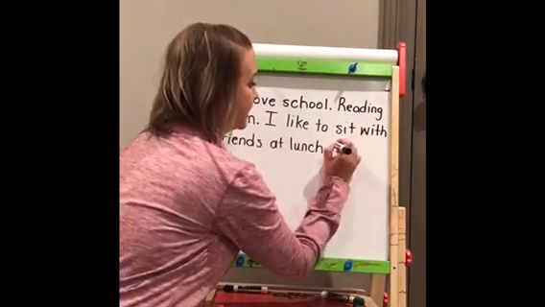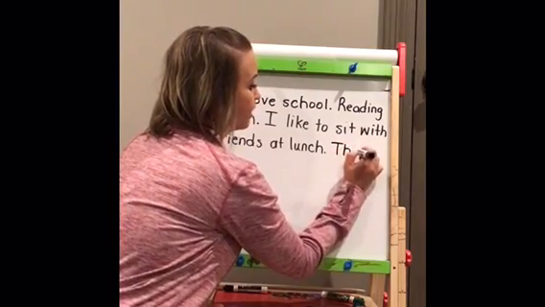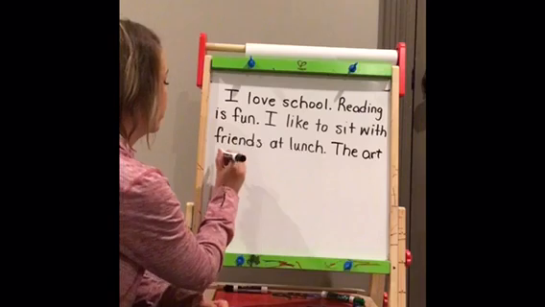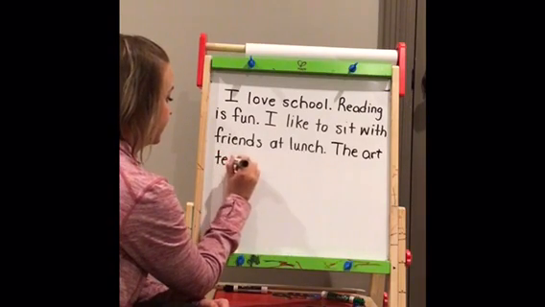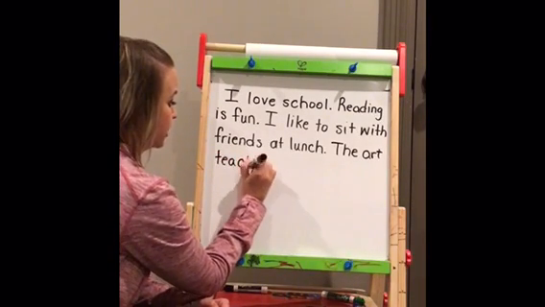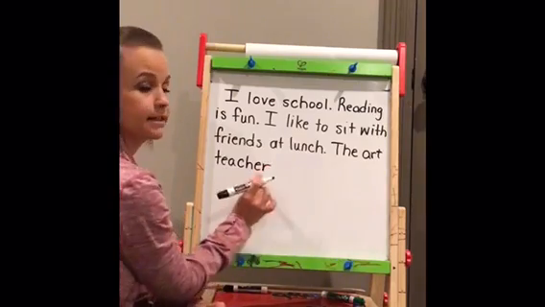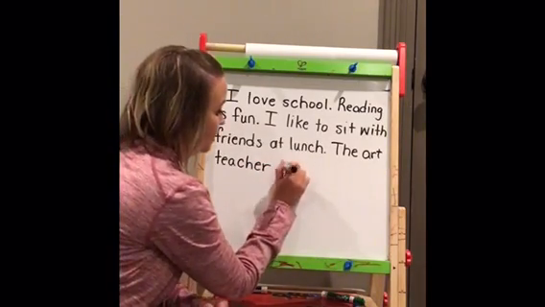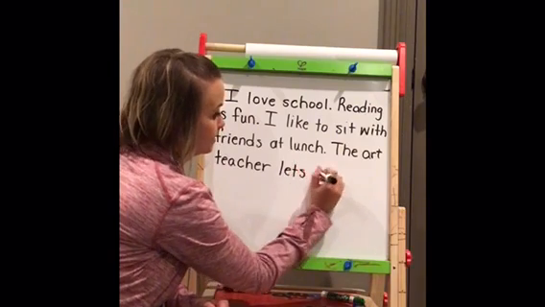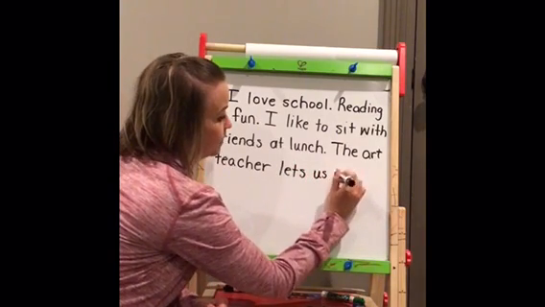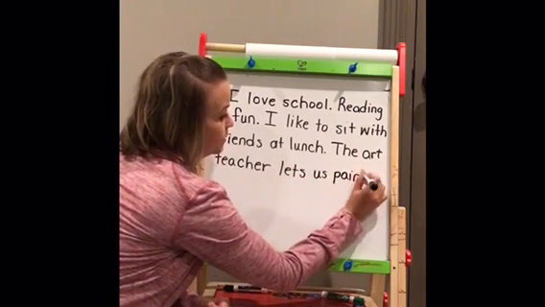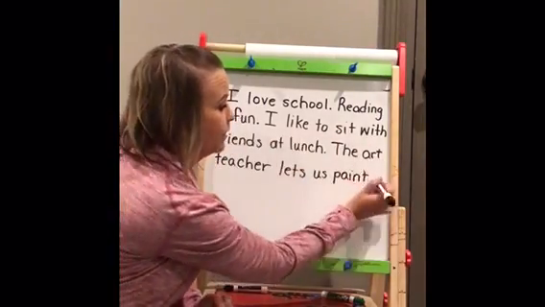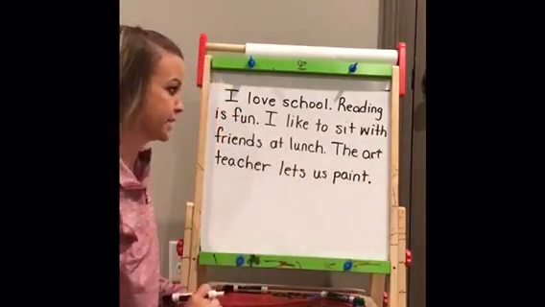So capital T on the art teacher, root word is teach, E in leaf, so it's E-A, ch in church, E-R, that suffix at the end of the root word teach. The art teacher lets us paint. What do I need at the end of my sentence? Period, very good. The art teacher lets us paint.